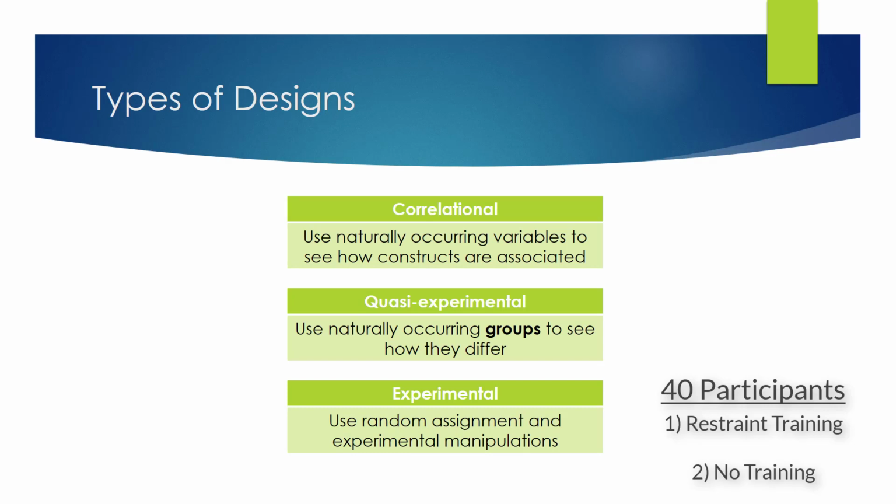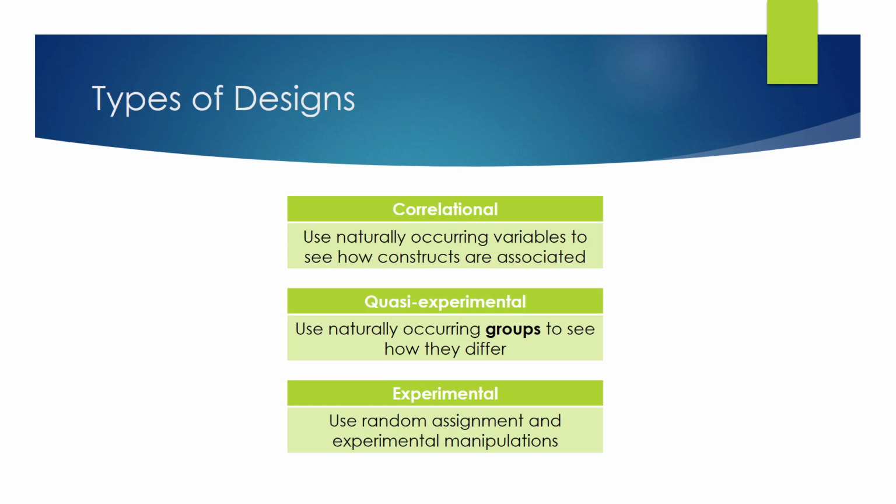And they go through it and they learn how to control their impulses and their urges. And the other half of individuals don't go through that same training. So they're my control group. Now I want to look at, are these two groups that I've created, that I've decided who's in which group, are they different from each other? And that's going to be an experimental design.